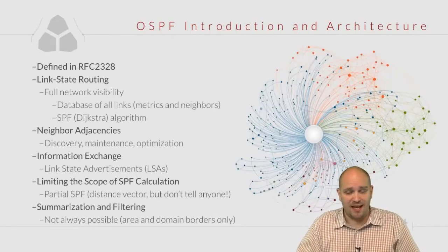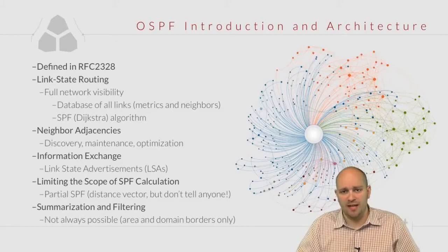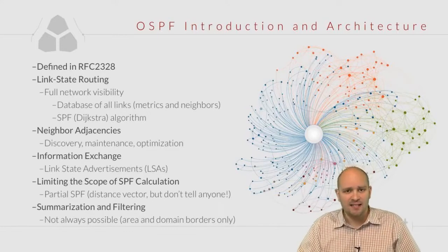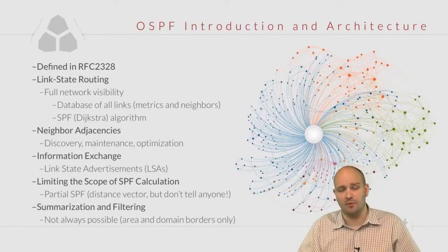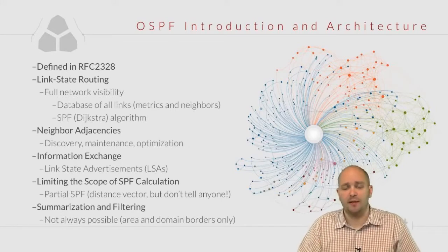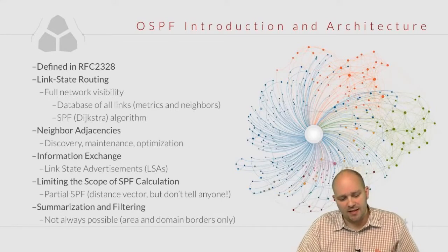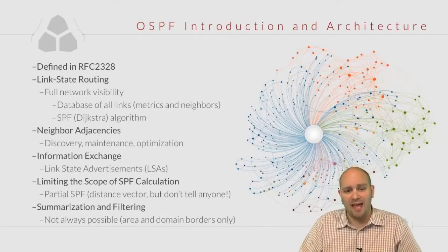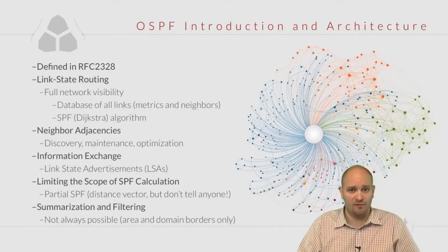OSPF is, as I said, an open implementation of the SPF protocol, and it has been defined in RFC 2328. This RFC was written, if I'm not much mistaken, in 1998, but it is still valid and in use today. Link state routing means that all the routers that participate in the network have full network visibility.